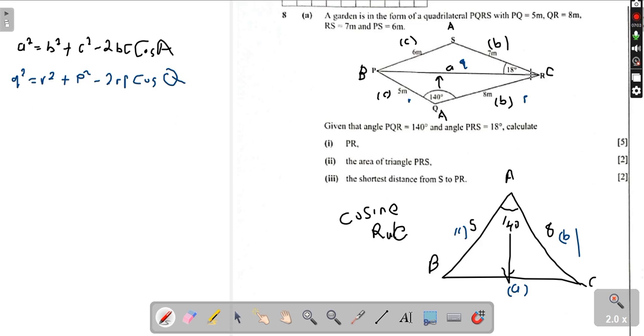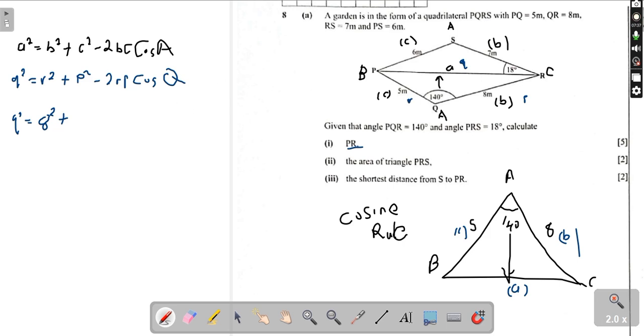So you have Q, which is the A. So we're finding PR. Remember, our goal is to find PR. So PR, which is A or Q here. So we're going to say Q squared is equal to, so R, which is 5. R was supposed to be here, sorry.